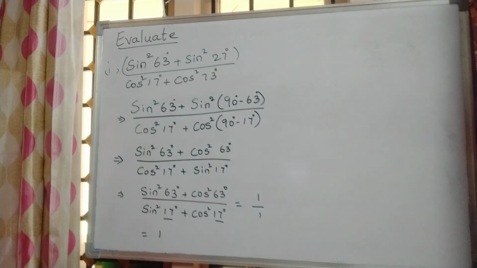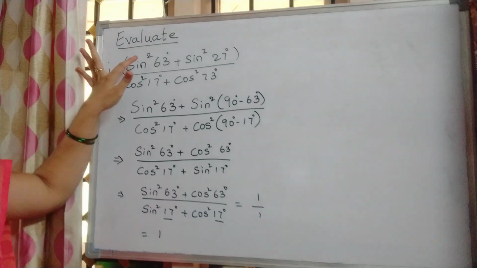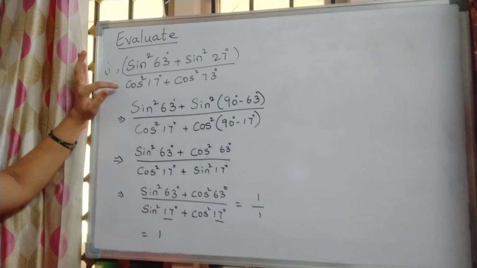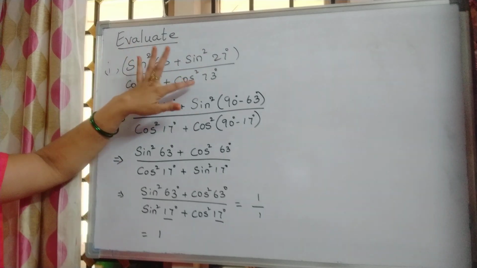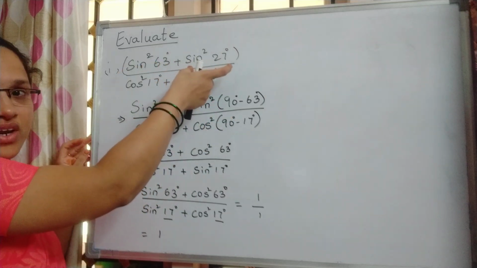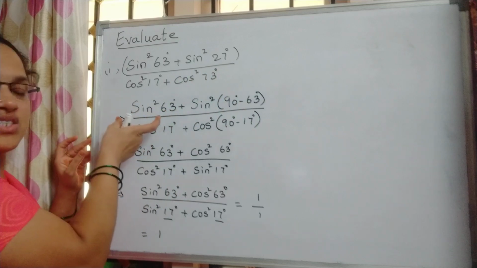Did you observe, children? Here we have a different question in the form of a fraction: sine square 63 degrees plus sine square 27 degrees by cos square 17 degrees plus cos square 73 degrees. Here I have converted the second one, that is sine square 27. You can even convert this one.